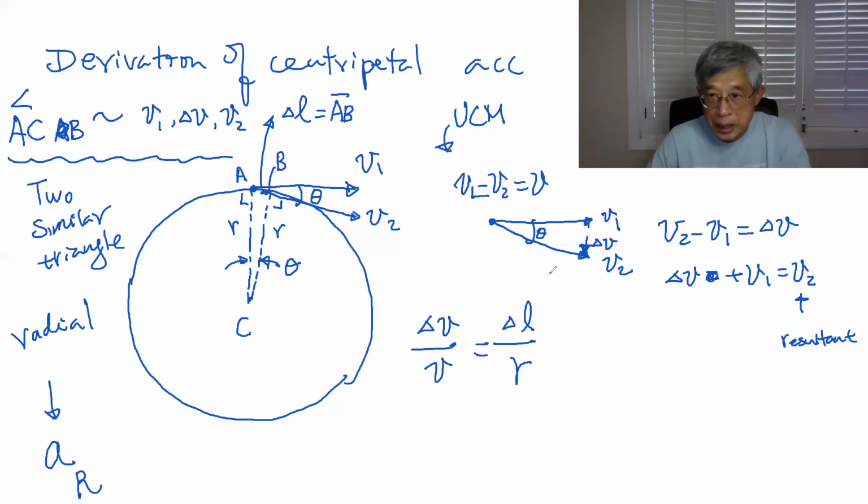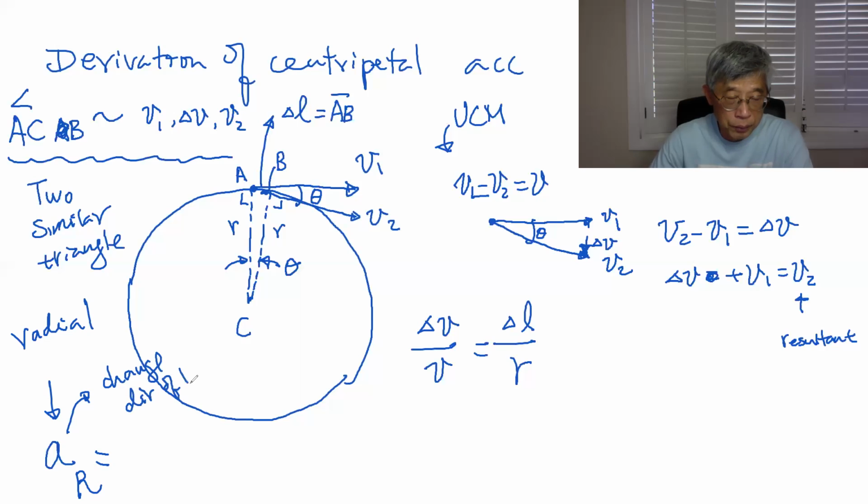So you need something called delta V, which is causing V1 to change direction into V2, but keeping the magnitude the same. So this is the radial direction acceleration changing direction. Basically this is used to change the direction of V, from V1 to V2.